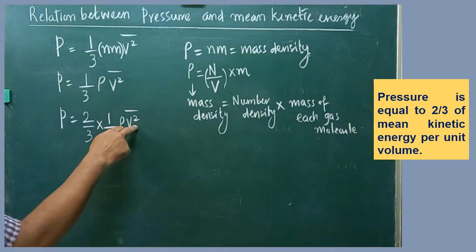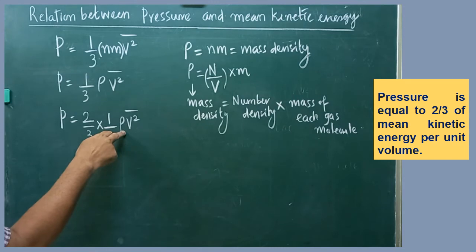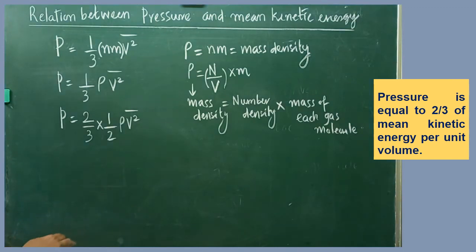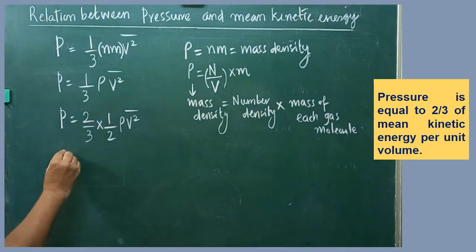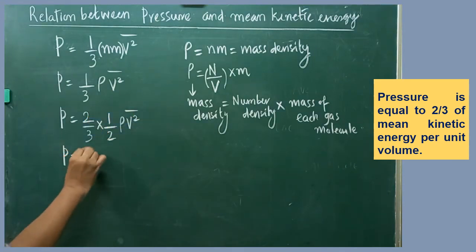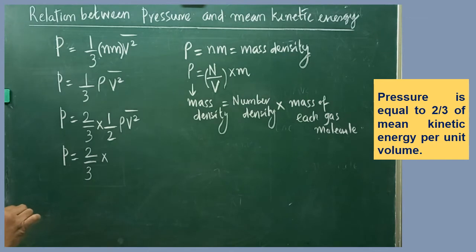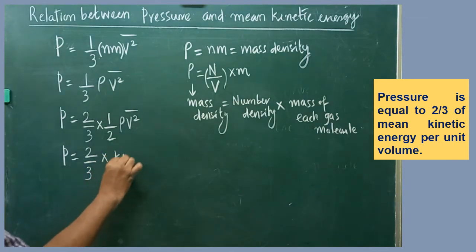Since it is the average speed and this is the mass density, if mass density is multiplied by average speed squared, that gives you the average kinetic energy per volume. Are you clear? Because V is there. So the entire factor, pressure is equal to 2/3 of this entire factor, can be written as KE bar.